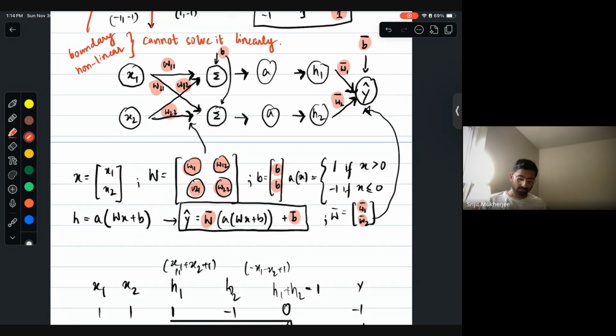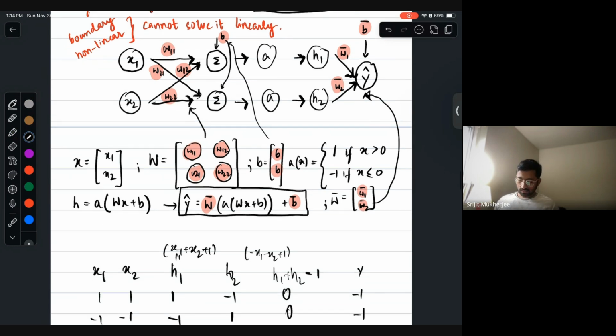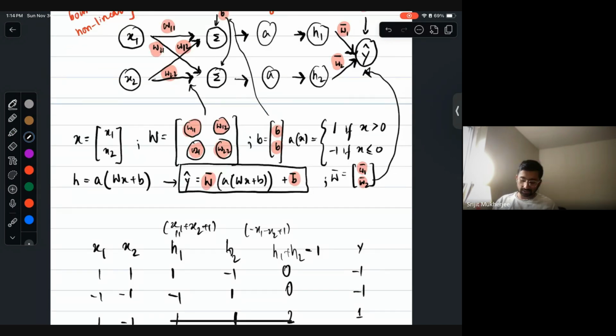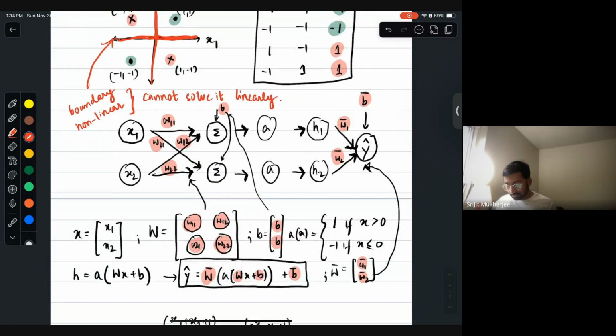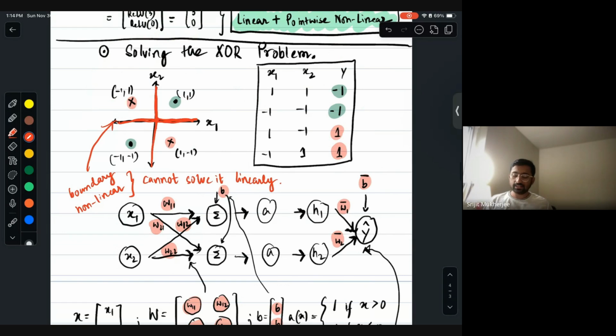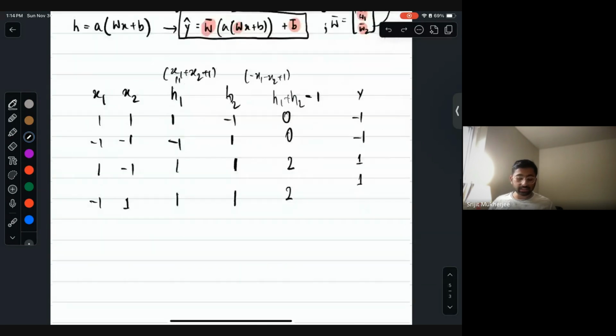So we have to find these numbers such that it works. So what do we want? We want to find those W hat, W, B, and B hat such that it turns out to be this as close as possible. And can we get exactly these numbers? And it turns out we can.